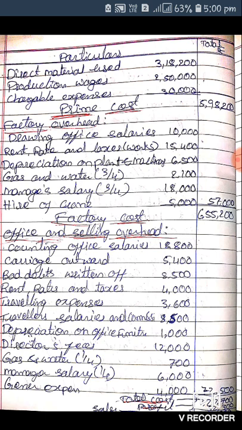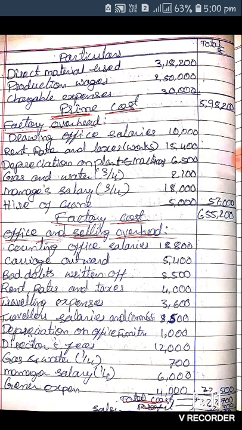and depreciation on plant and machinery, which is also related to the factory, so they are charging this depreciation to the factory overhead, that is 6,500, and gas and water. As we have seen earlier, they are using one third portion of water and gas for the factory.